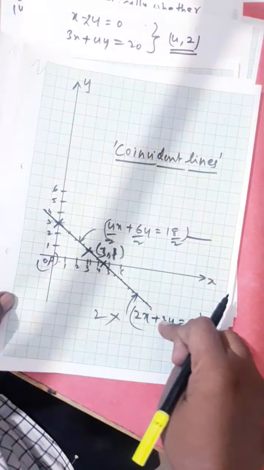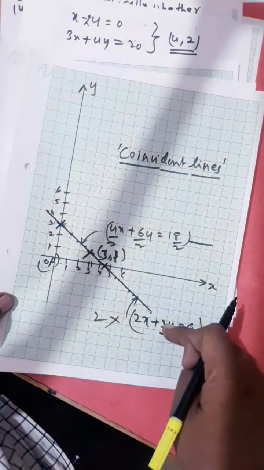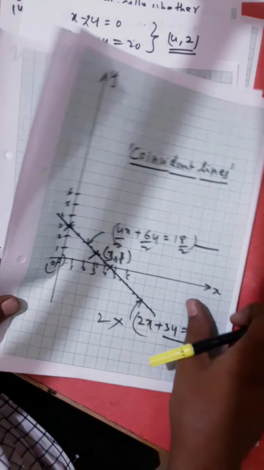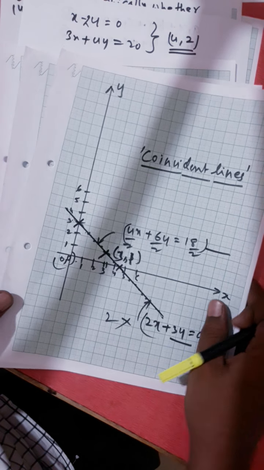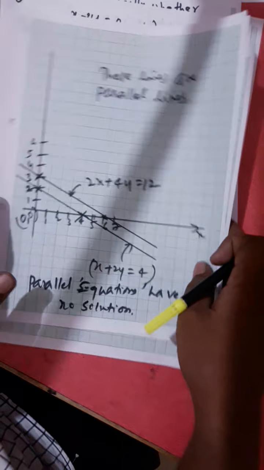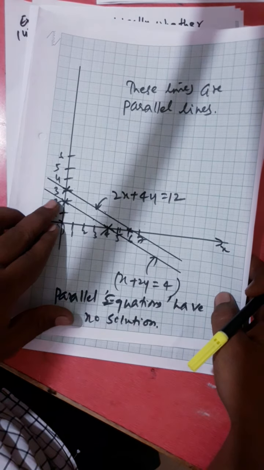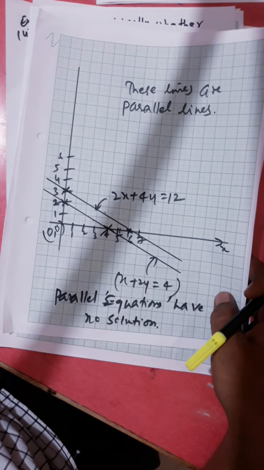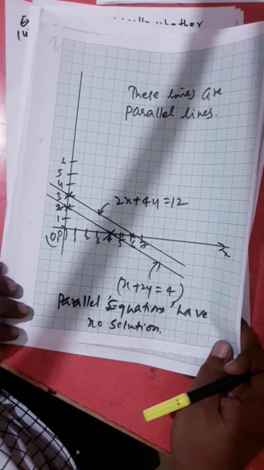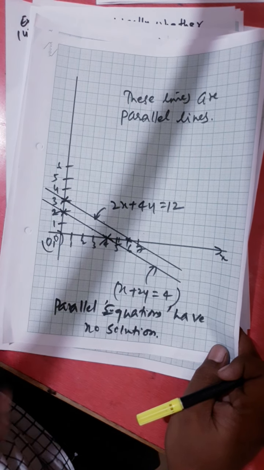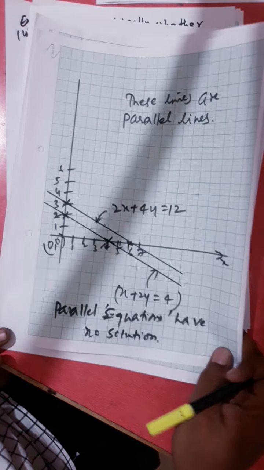So how many points are there? A large number of points. Then we say that coincident lines have infinitely many solutions. If they are parallel to each other, there is no common point which lies on both the lines. Therefore, parallel lines are said to have no solutions.